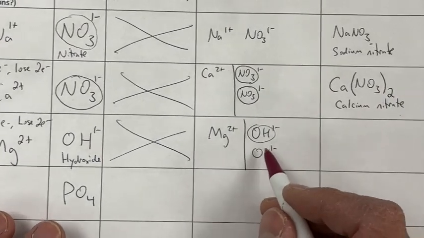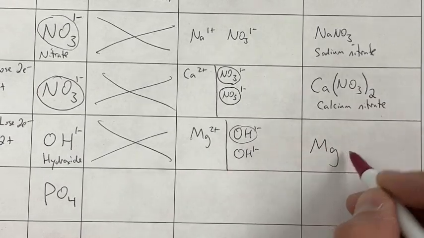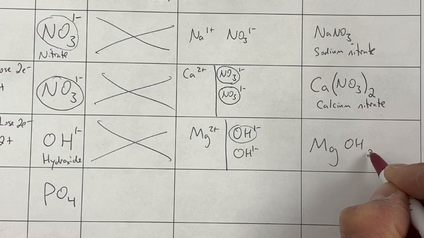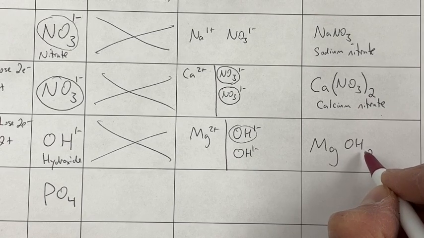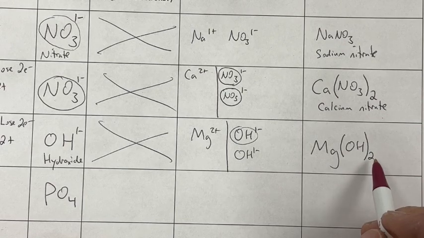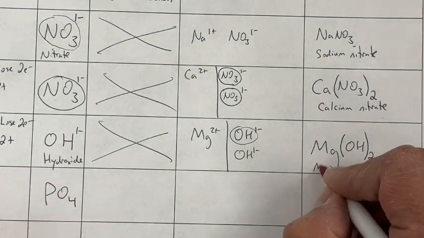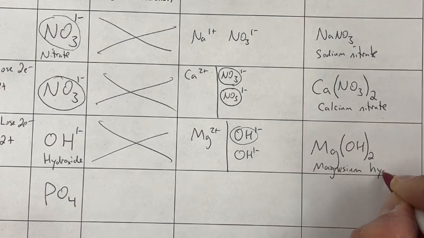Even though this has no numbers here, if I write Mg, there's 1 here, and OH, and the 2, I cannot just put the 2 out here like this, because the 2 needs to go for the whole thing and not just the H. So you still have to put parentheses around the OH, and that tells me that the 2 goes for both things and not just the H. And this is called magnesium hydroxide.